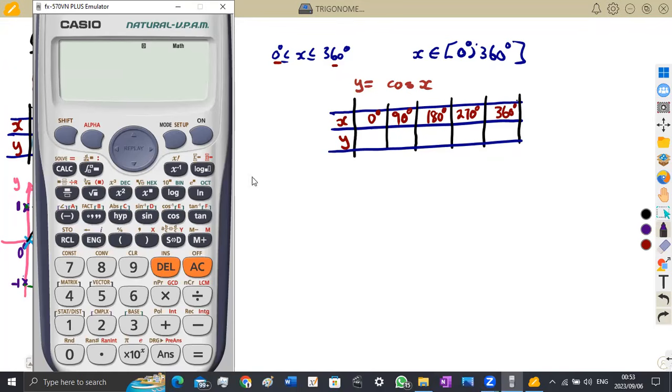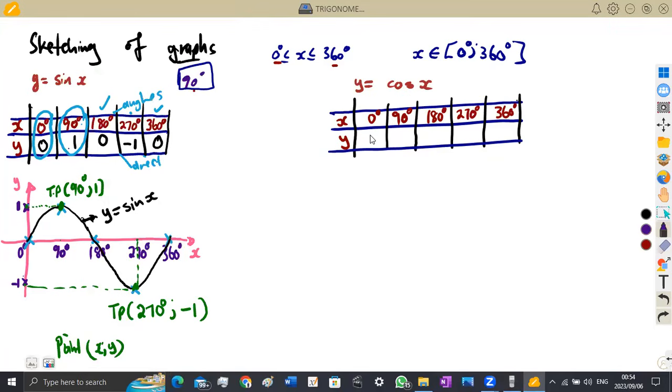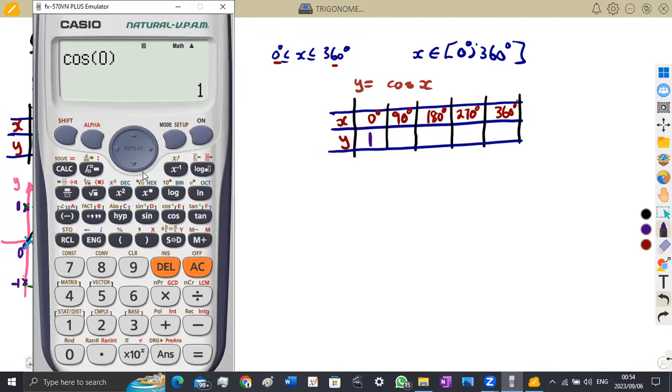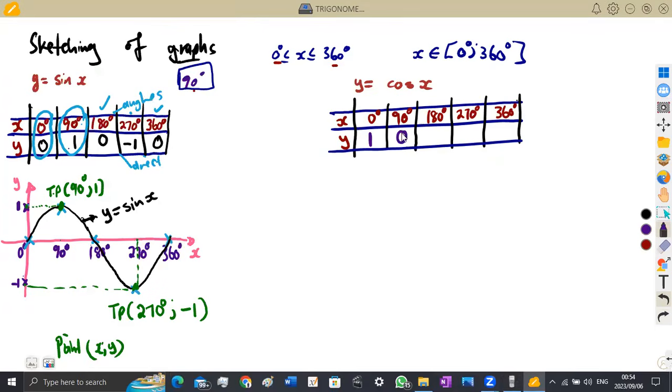Our x at the first place is 0, so it's going to be cos of 0, which is going to give us a positive one. Take note of what we are obtaining in this case. So here we are obtaining a positive one. We do the same thing when our x is 90. So this time we shall have cos 90, which gives us a 0.